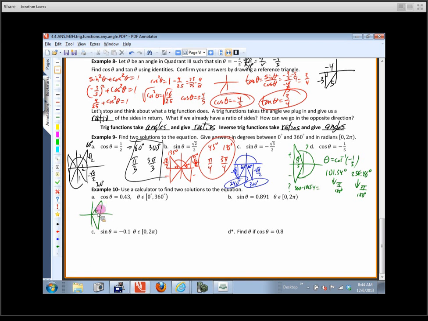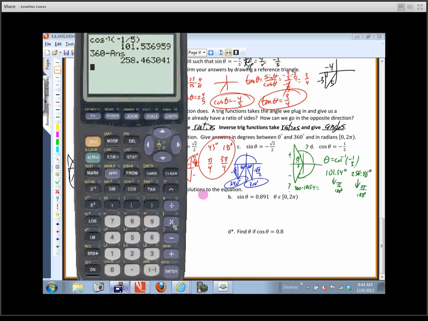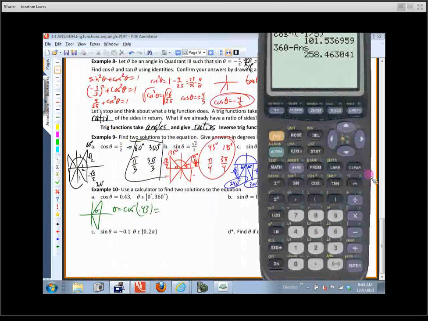We can figure out what that first answer is by just doing cosine inverse of 0.43. So let's see what the calculator gives us there. Cosine inverse 0.43. Now, notice when you use that, it's going to give us that reference angle. In quadrant 1, that reference angle is 64.53.